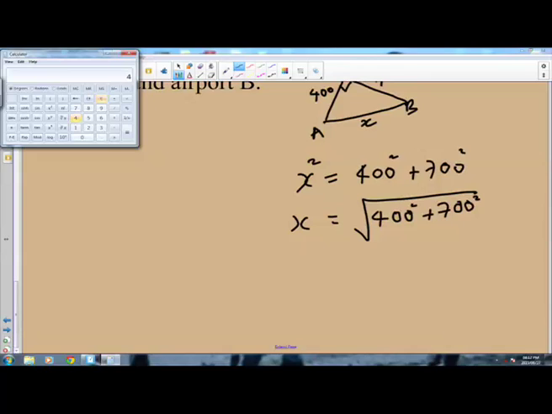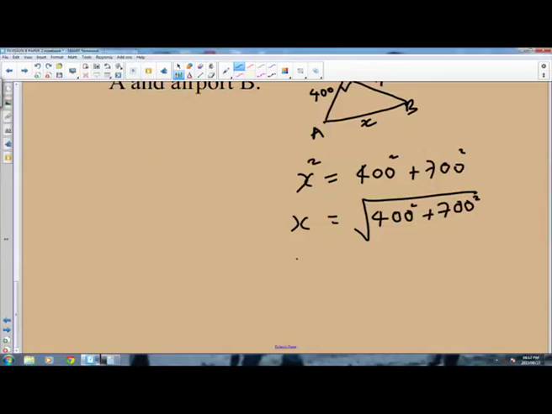So 400 squared plus 700 squared. And then what is the answer? The answer is 650,000. So we are saying x is equal to the square root of 650,000.